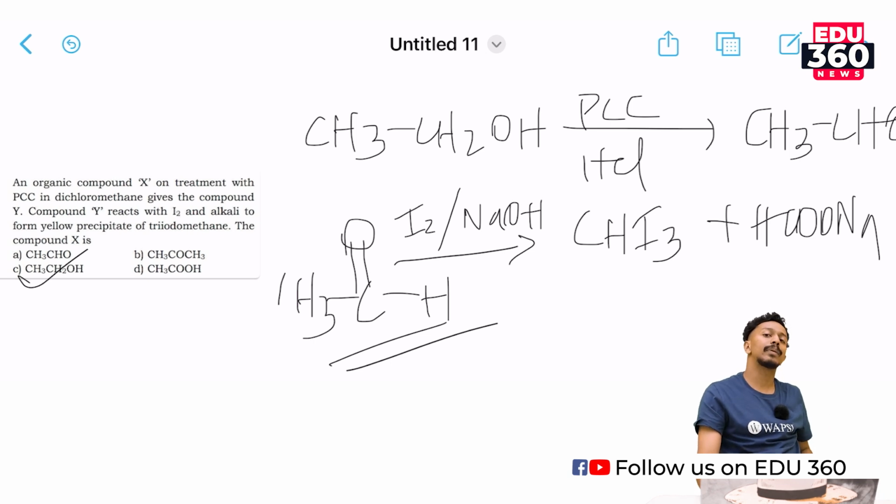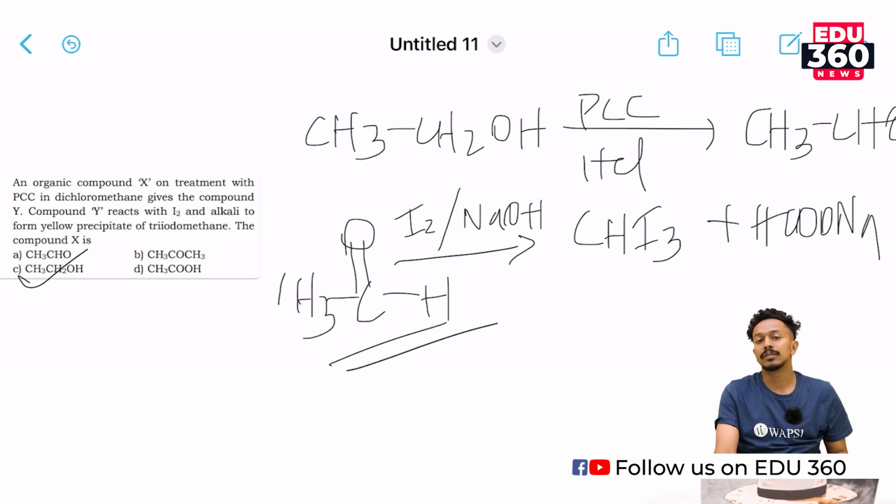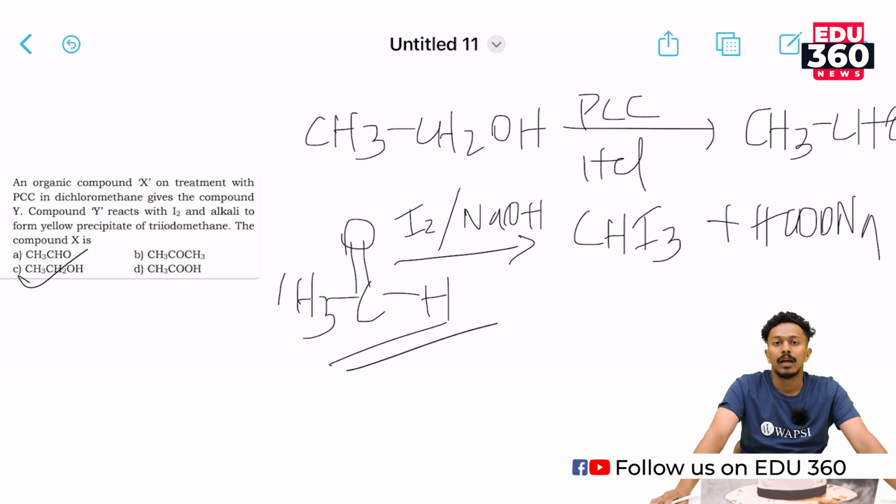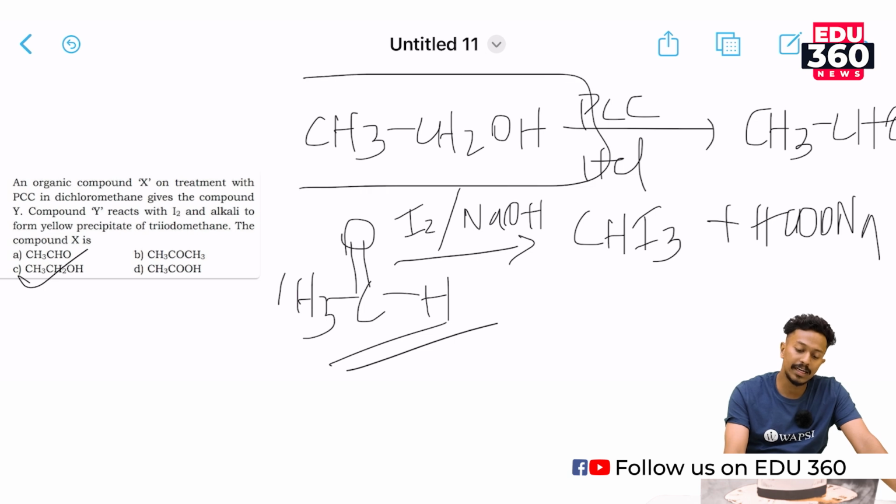Yes, a primary alcohol, which is ethanol, when treated with pyridinium chlorochromate, which we have studied earlier in the preparations of aldehyde and also in reactions of alcohol. When an alcohol is treated with pyridinium chlorochromate along with HCl, we get acetaldehyde.